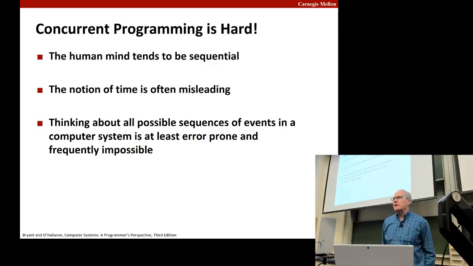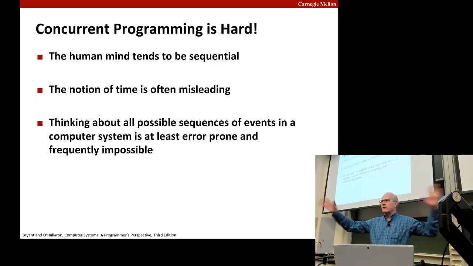And this is actually a pretty tricky business. Many bugs out there in the real world have to do with concurrency errors. And there's a couple of things behind that. One is that it's just really hard for us as humans to imagine all these different events that could occur and what order they might occur in.